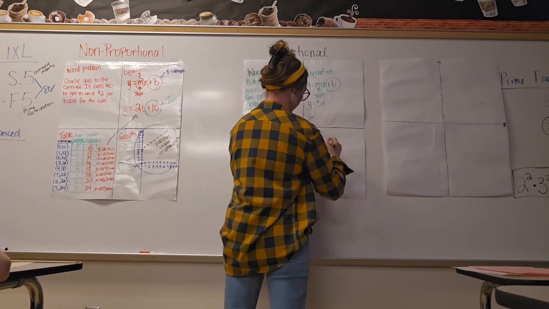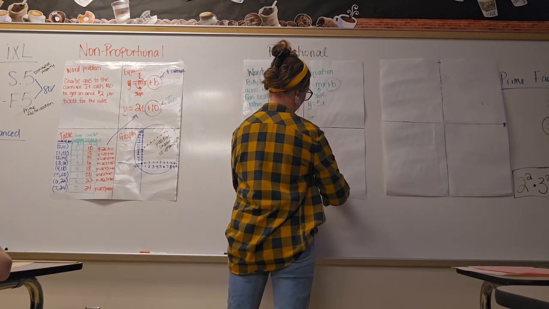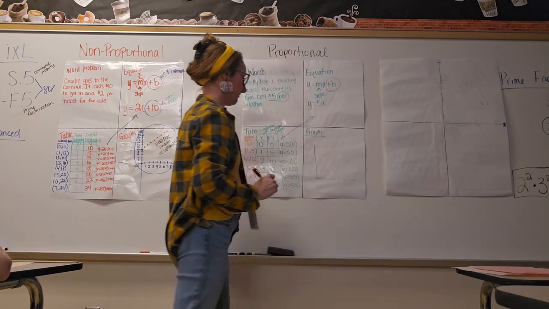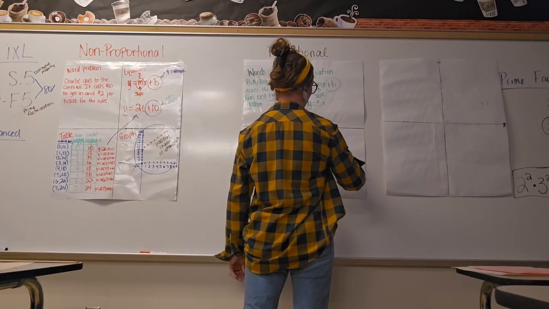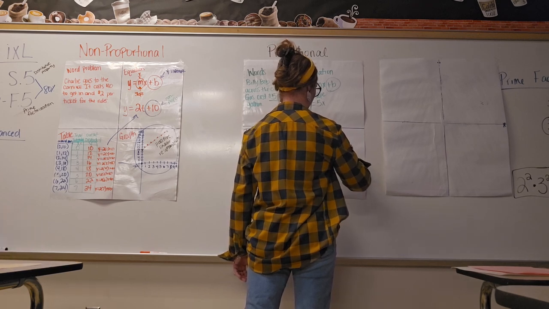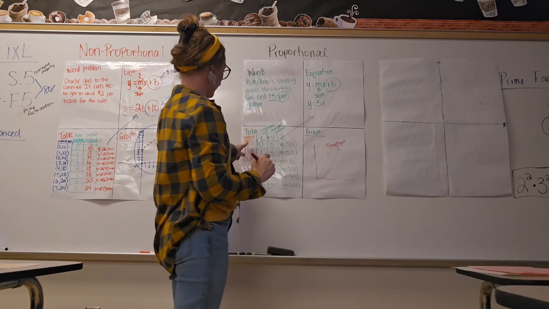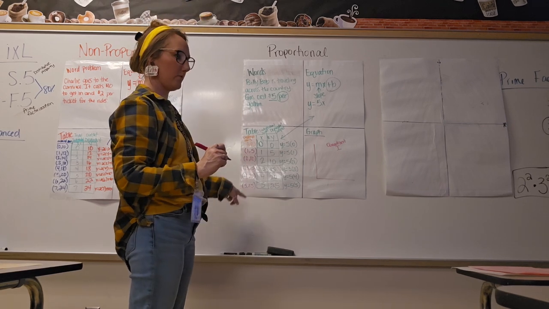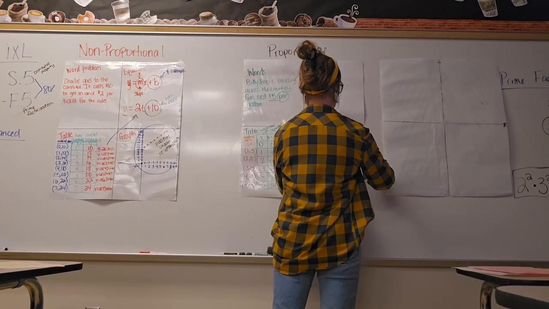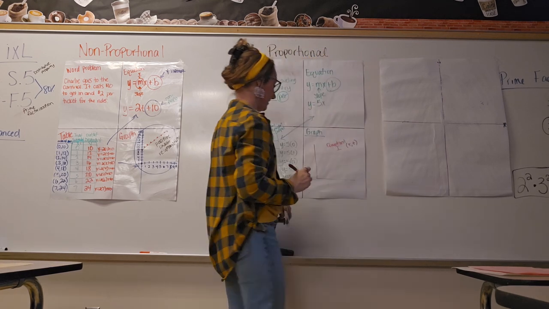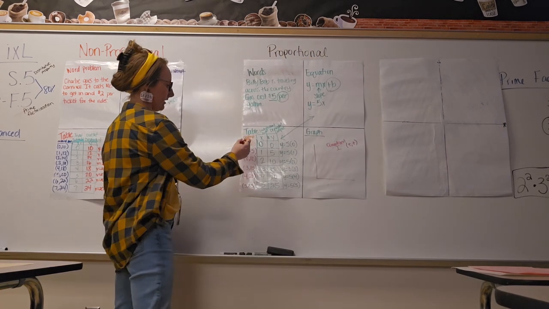I'm going to draw quadrant 1, like a big L. Because all my numbers are positive, quadrant 1 shows us positive numbers.